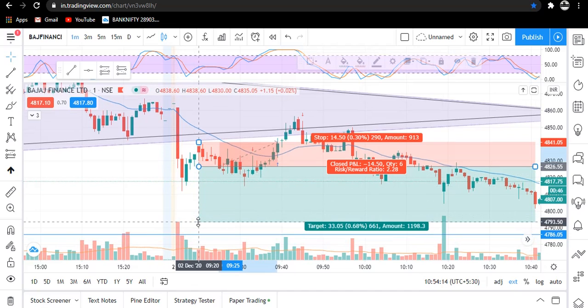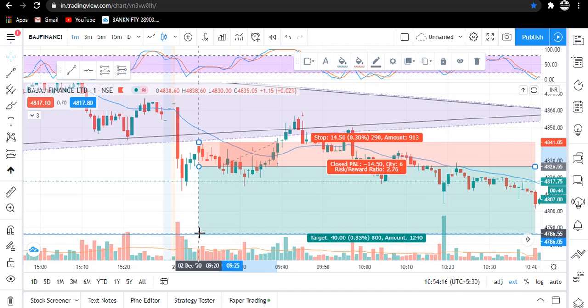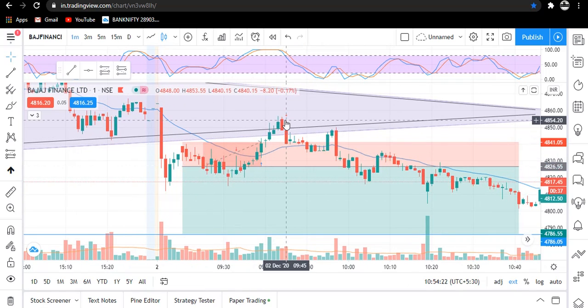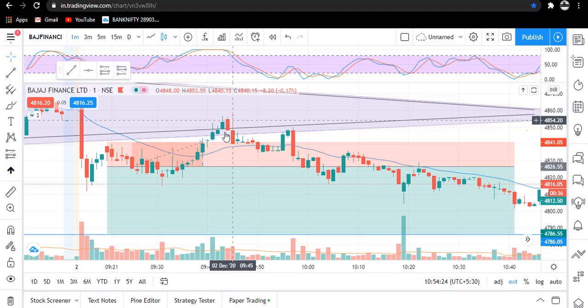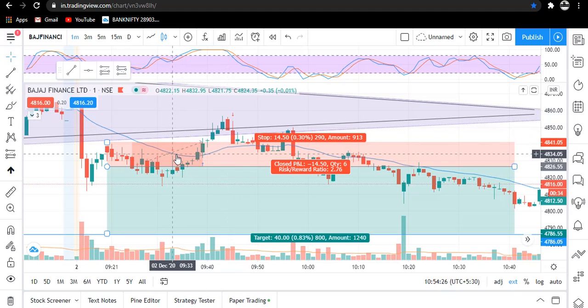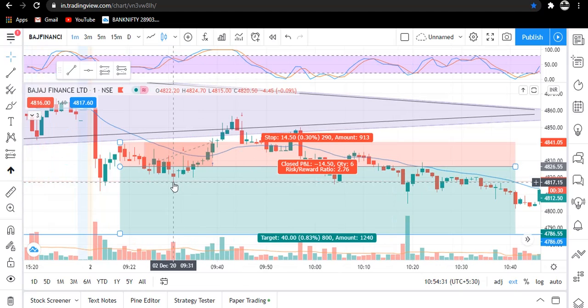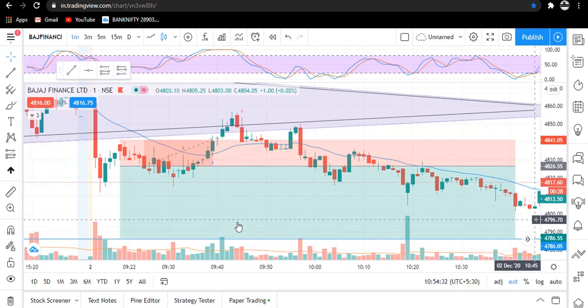Okay, so what happened here, my stop loss was triggered. Okay traders, you can see an arrow has been made here in this trade. So this was our first trade in which we booked the loss.